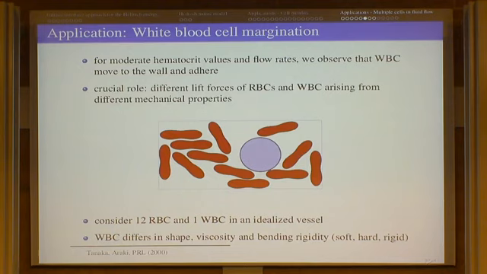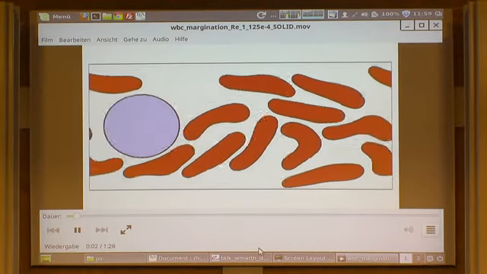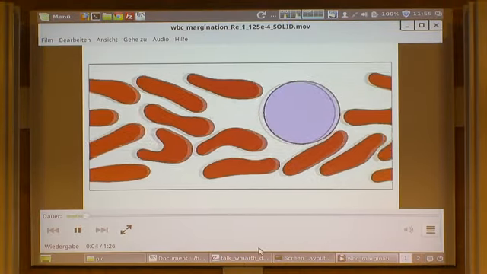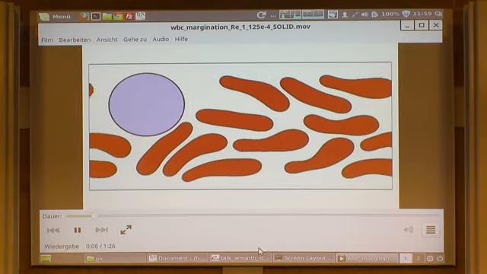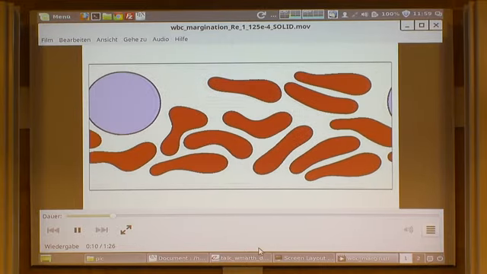We consider it as a rigid particle. There is a nice paper where they describe these particle dynamics. We have periodic boundaries at one side, a constant fluid pressure, and we see here the white blood cell.